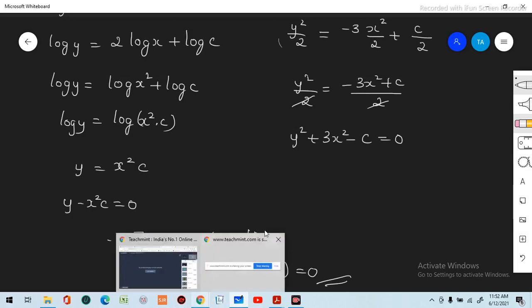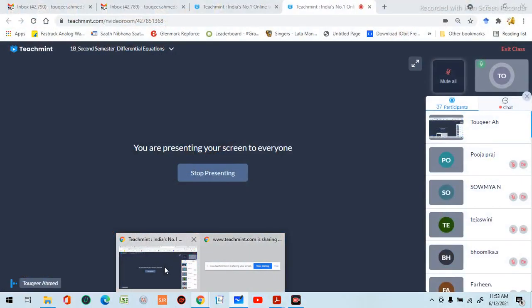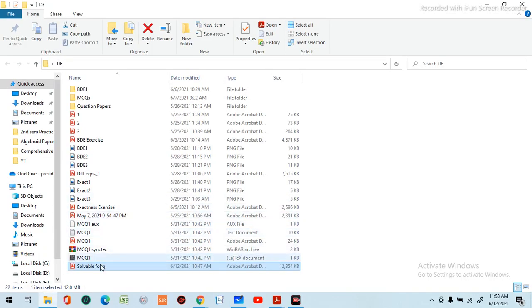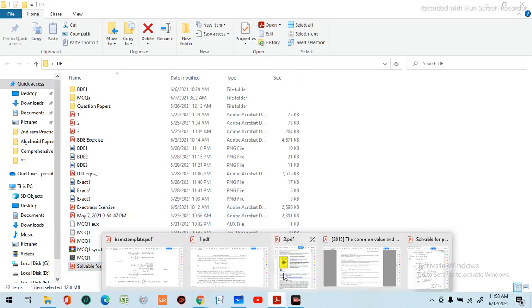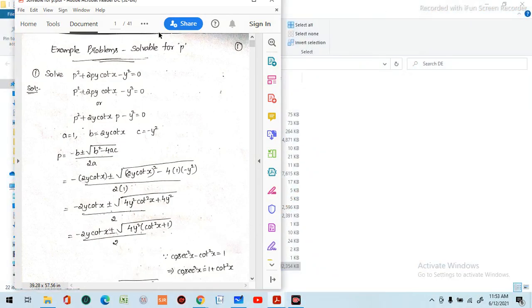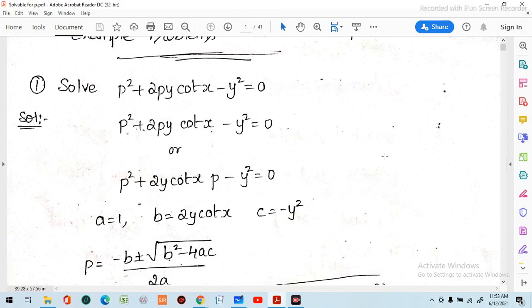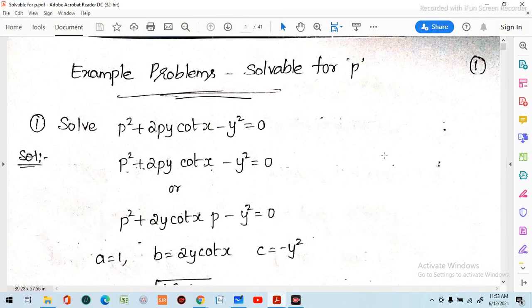Some problems are a little bit complicated, because we should know the basics of trigonometry as well to understand those problems. Is my screen visible? So this equation, you see this question, this is an example problem in your textbook. This is the first question: p square plus 2py cot x is equal to y square, cot x minus y square is equal to 0.